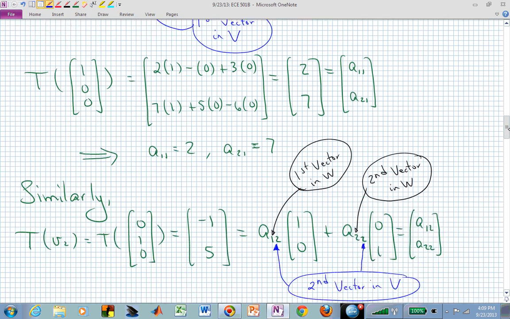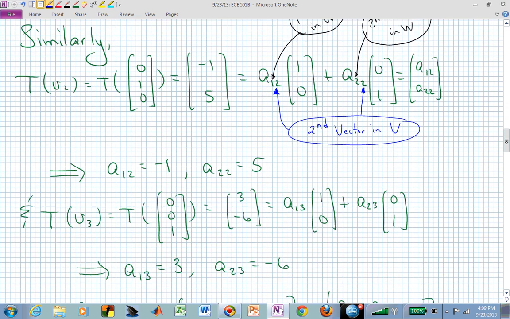And we can do the same thing for the other two basis vectors, V sub 2 and V sub 3. In so doing, we end up with values for A12 and A22, where the second subscript again says that's what the second column of your resulting matrix is going to look like.